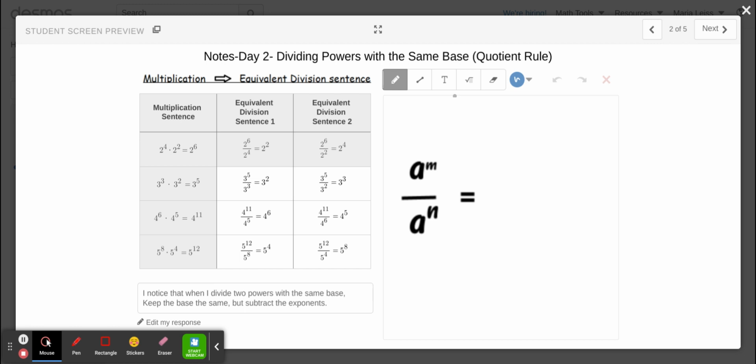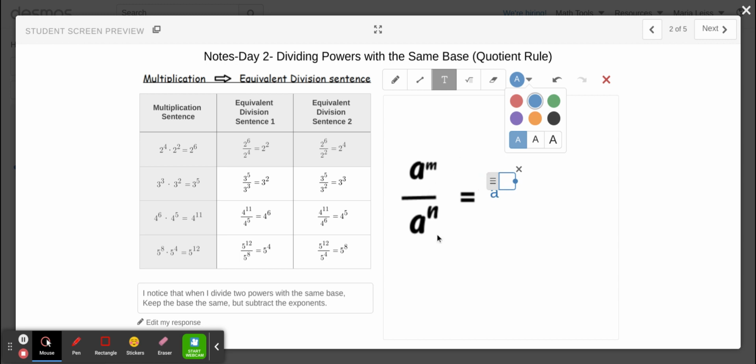So here's what happens. I'm going to go ahead and try something a little different this time. I'm going to make my text big. So what do I do to the base? Well, I keep the base the same. So over here, my base is a. So I'm going to keep my a the same. I'm going to get a new text box now, and I'm going to make it small. And I'll drag it over here.